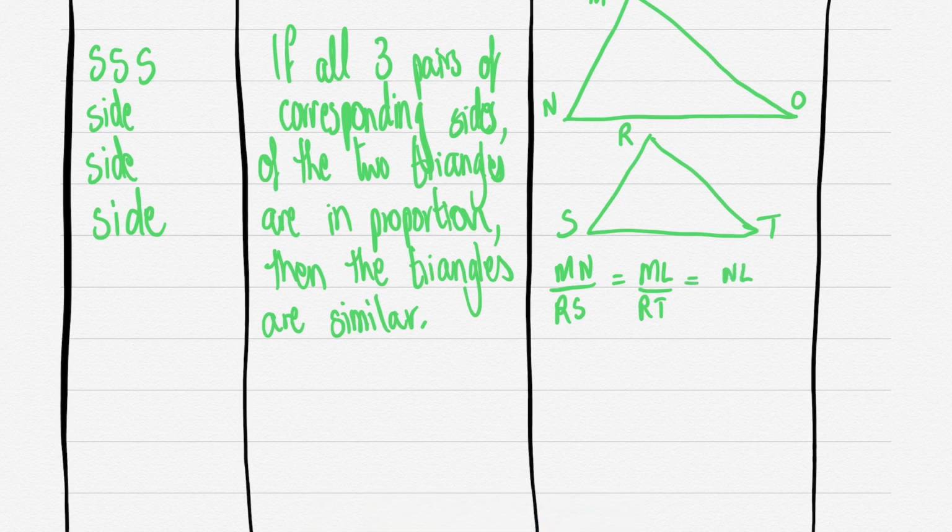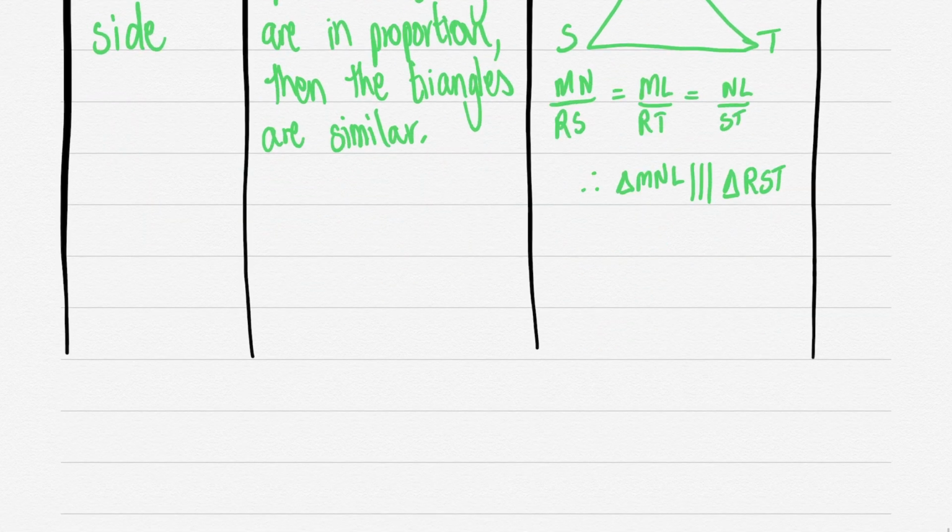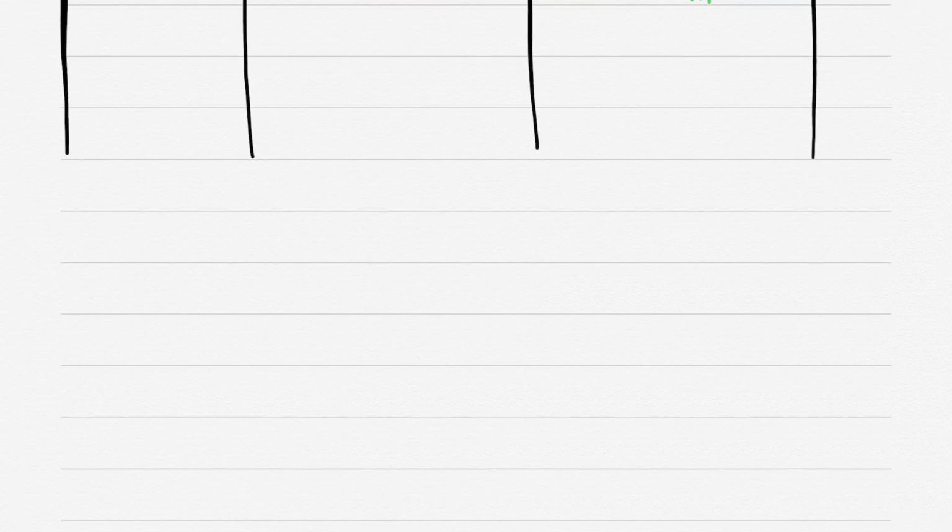And therefore we say NL over ST is all the same. So basically the left hand side of both triangles over each other should have the same ratio as the right hand side as well as the bottom side. Therefore both triangles are similar. We say triangle MNL is similar to triangle RST.